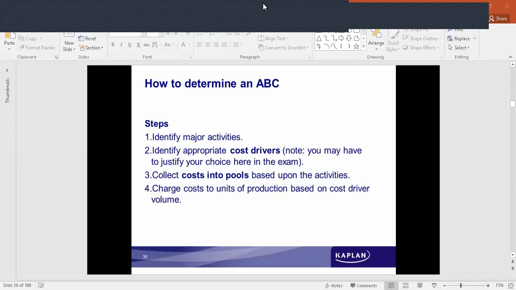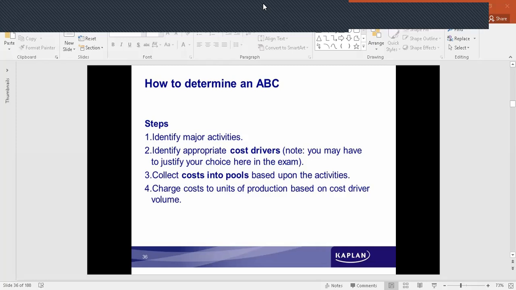After that, along with the accumulation of the cost, for each activity of cost, there should be a suitable cost driver. Basically, in simple terms, the cost driver is the basis of apportionment. If we talk about power, for example, how many units of power were consumed by each product becomes the basis of apportionment.